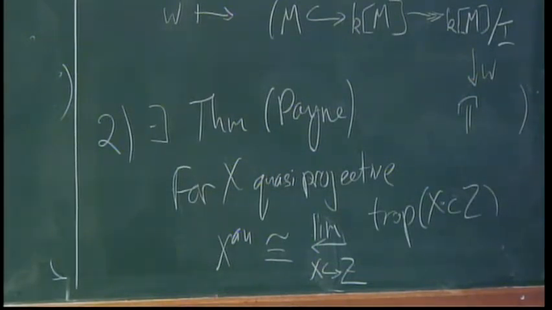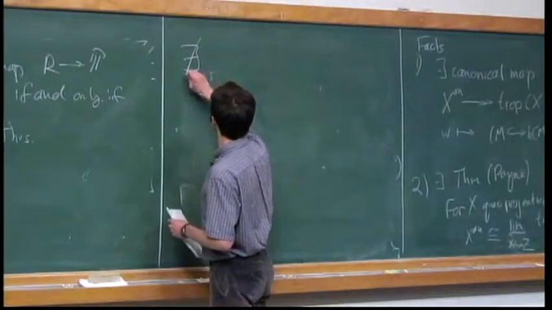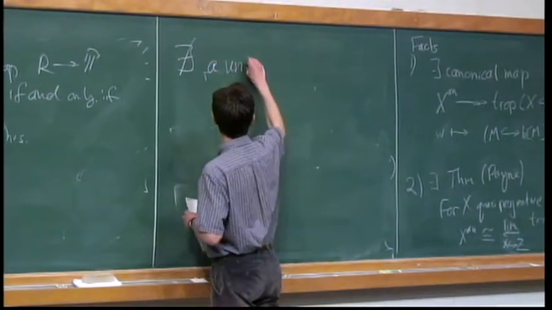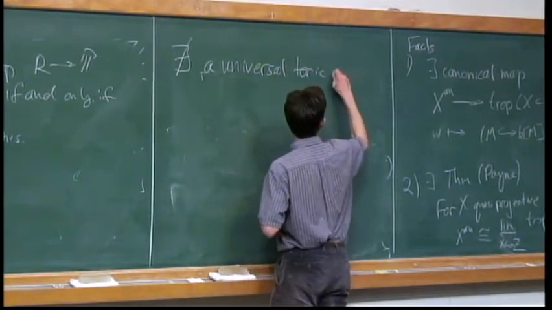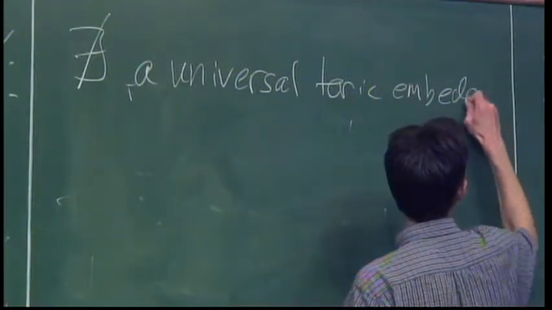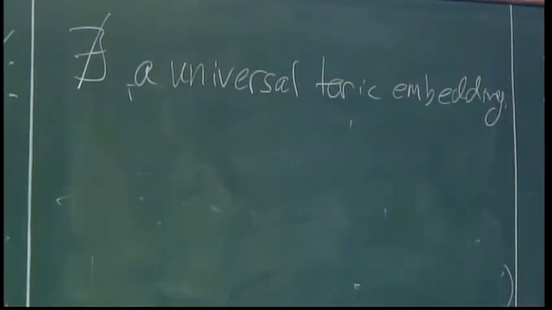But toric varieties are varieties. They can't get arbitrarily large, and so there isn't a universal toric embedding.